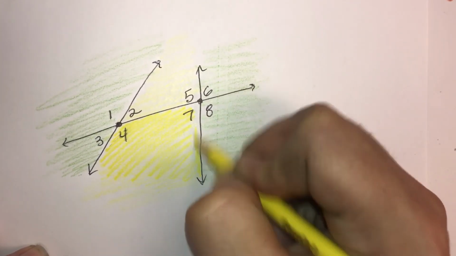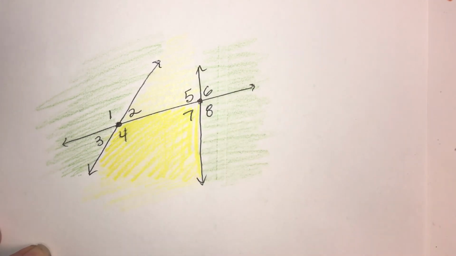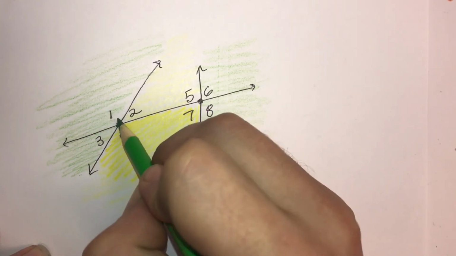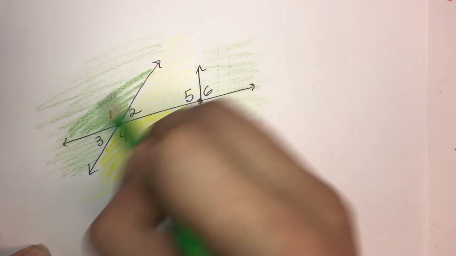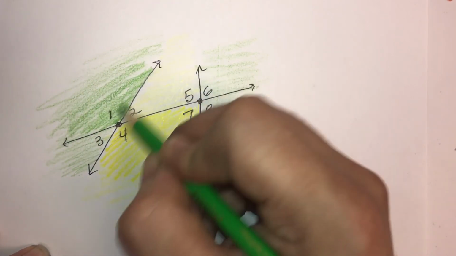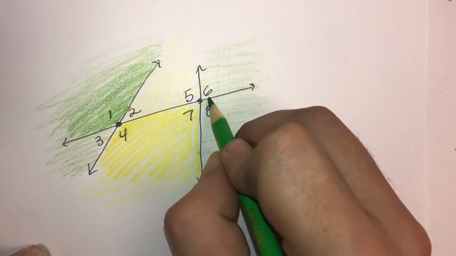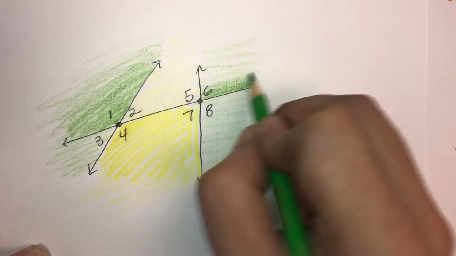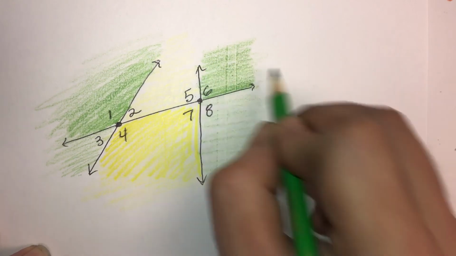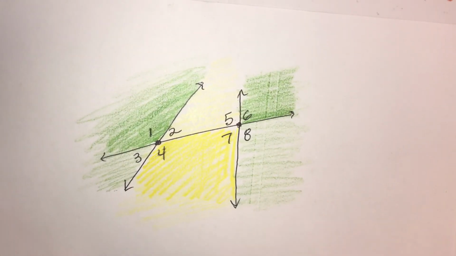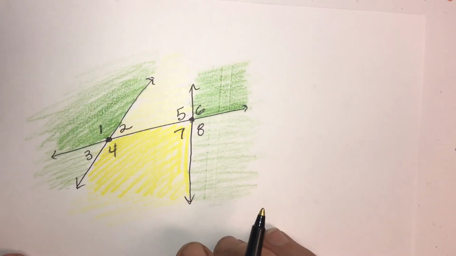So I'm going to make a dark yellow side here, and then another side that's a little bit deeper green on this side, and on this side. Okay, so here's our transversal, color coordinated for your viewing pleasure.